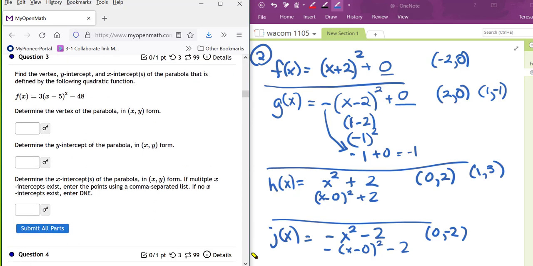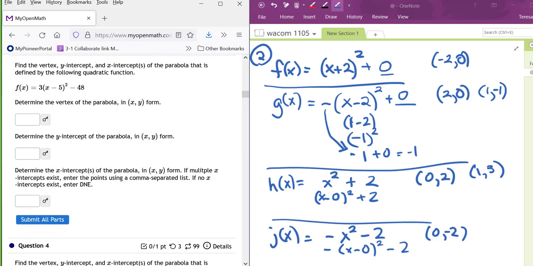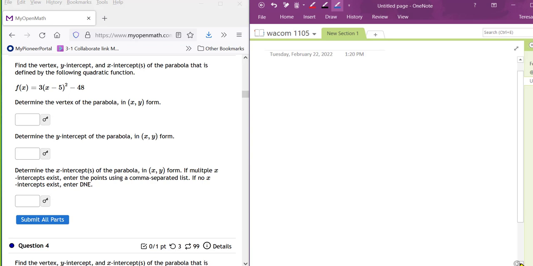Next we have question 3. And so we have to find the vertex, the y-intercept, and the x-intercept of the parabola that is defined by this quadratic.